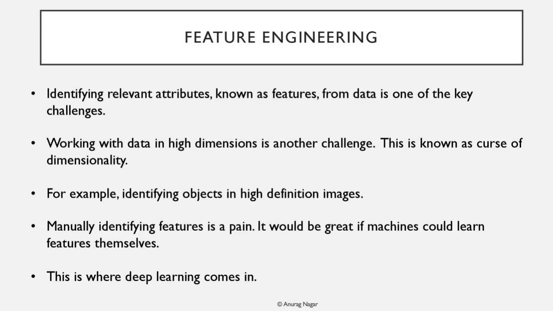Another problem, especially these days, is high dimensional data. I hope all of you are familiar with the term big data. Big data, which is also part of data modeling, is how do you make traditional algorithms work with very large data sets.